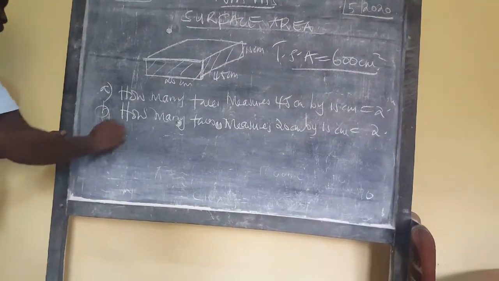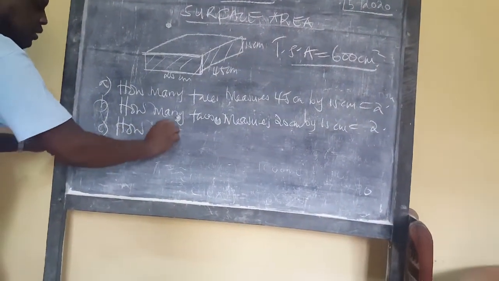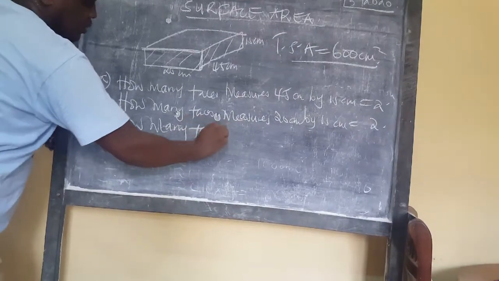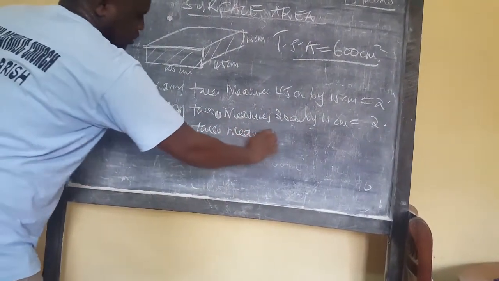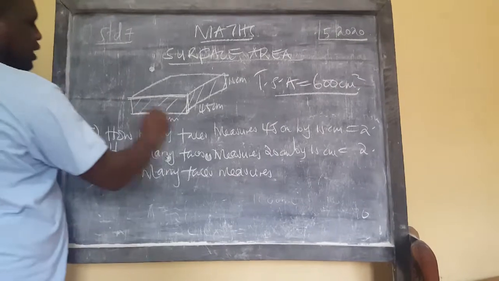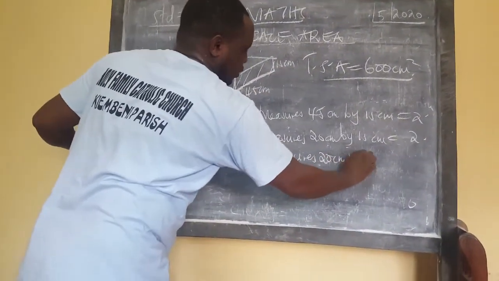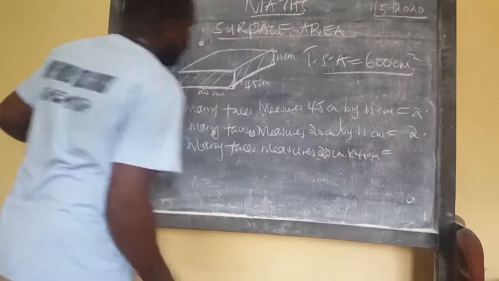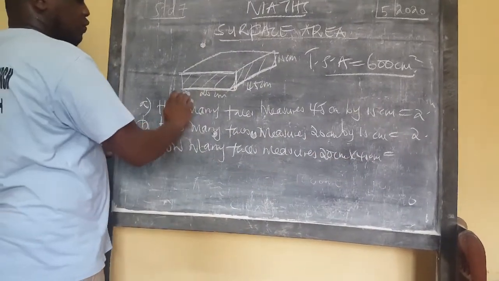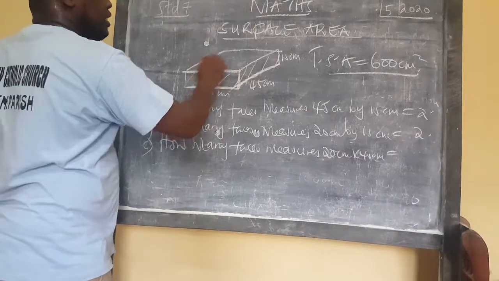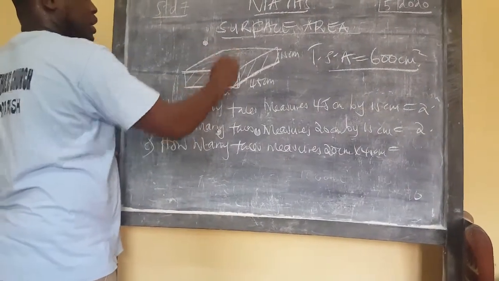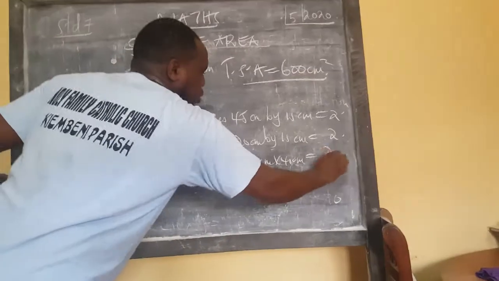And then how many faces measure 20 centimeters by 45 centimeters? This face that measures 20 by 45 is this one here. So they are going to be this one and the below one. So they are going to be 2.